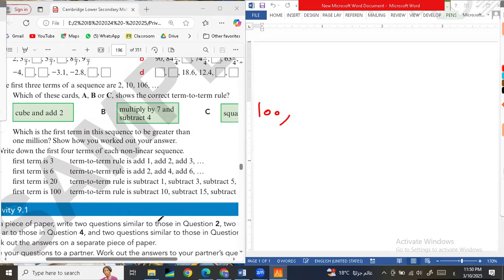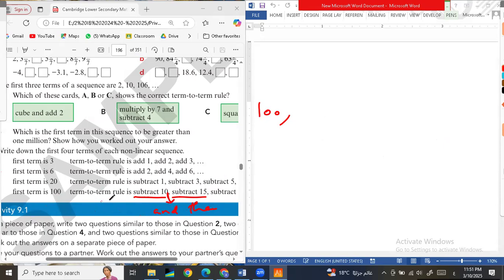Oh, Mister, what does this mean? They did not say to you term to term rule is subtract 10 and then subtract 15. No, they did not say that, because if they said and, then or then, this means I'm going to subtract 10, then subtract 15 in the same term, from the same term.